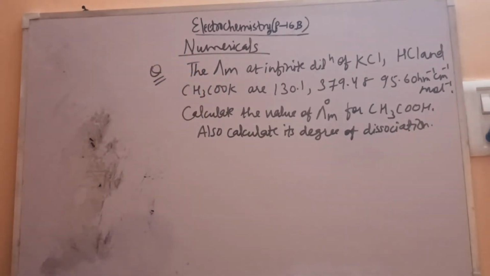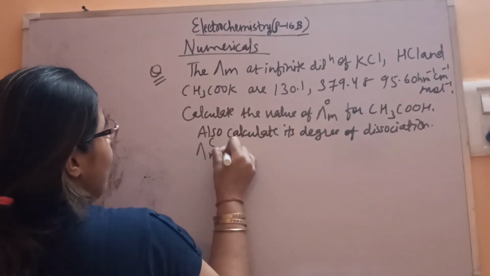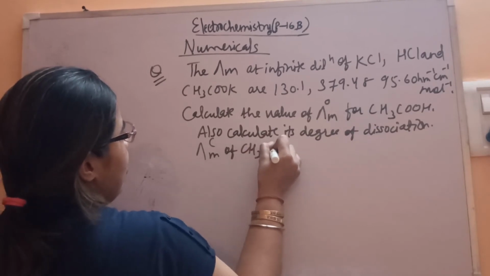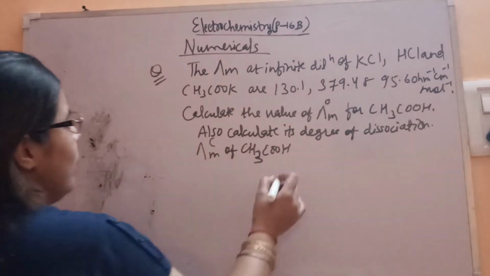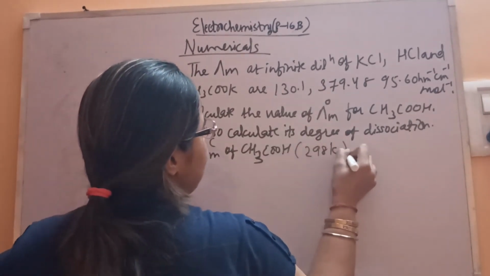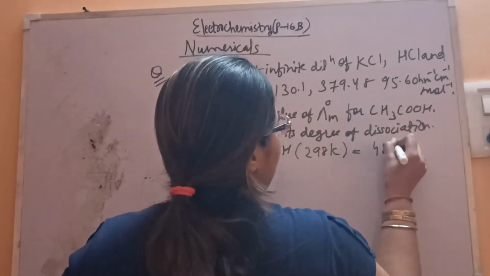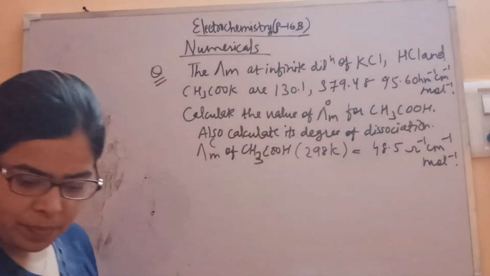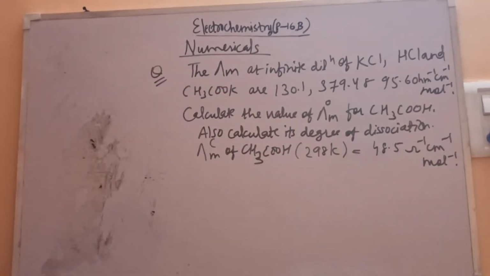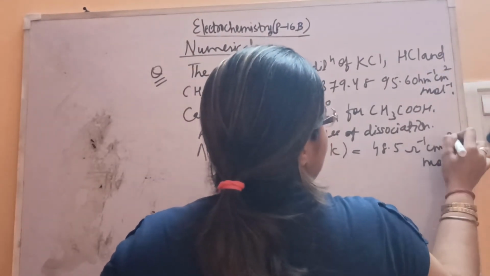And what is given? Molar conductivity of acetic acid is given at 298 Kelvin, that is at given concentration, is equal to 48.5 ohm inverse centimeter square per mole. Okay, centimeter square, sorry, this is not inverse. Fine, so this is about the question.